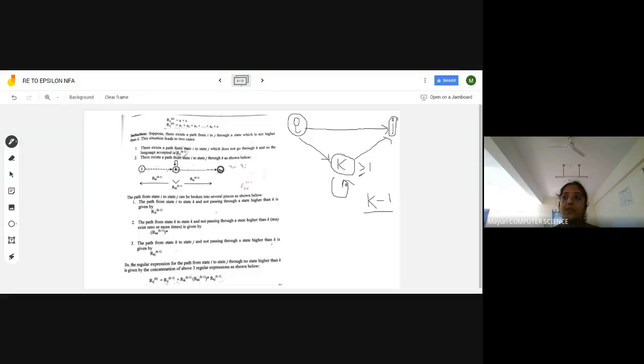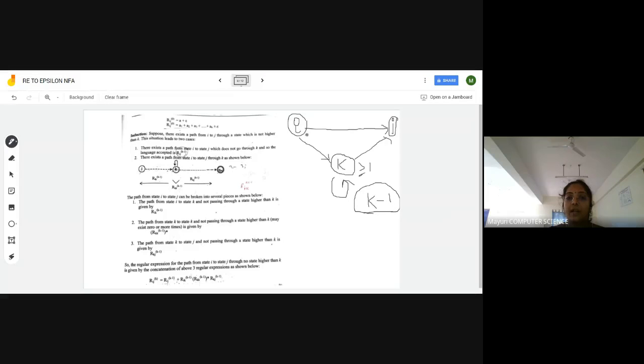Suppose you have K number of intermediate states in between I and J. Since before I reach the final state, one state you have to remove.